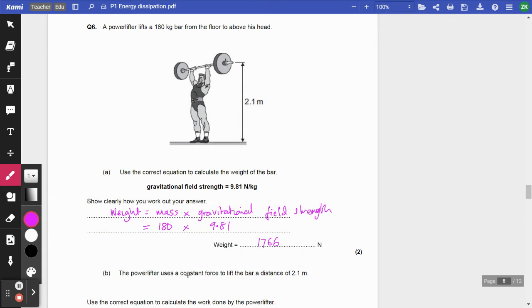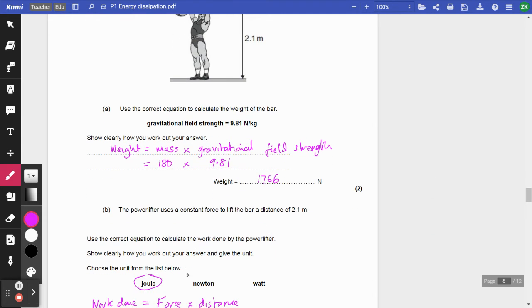We know the formula, we have to remember it. Weight equals mass times gravitational field strength. Mass is 180, gravitational field strength is 9.81, and that is 1766. So you're wondering, when do we use 2.1? 2.1 is for later on in the question.